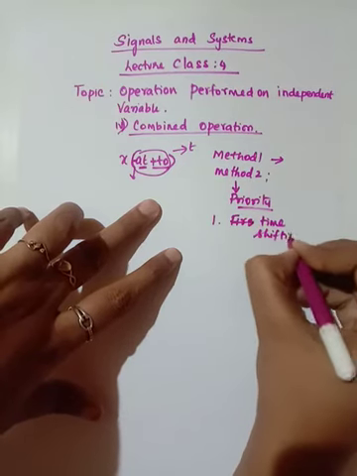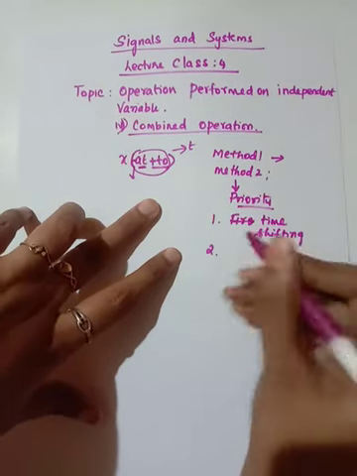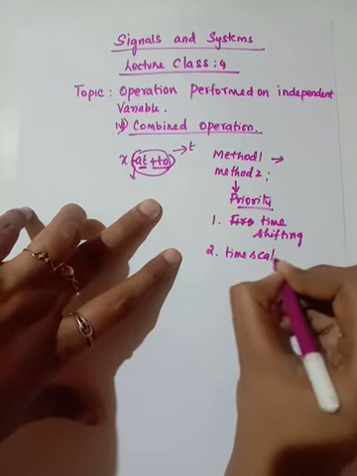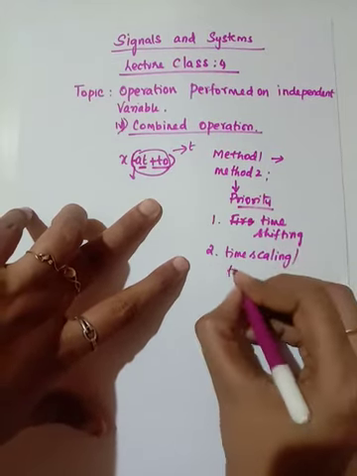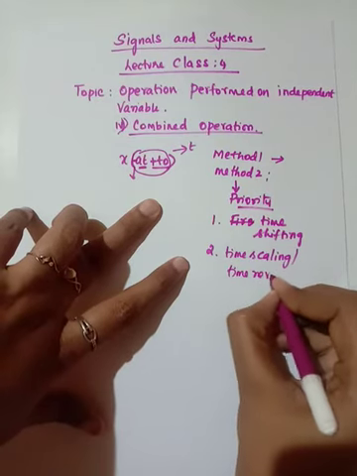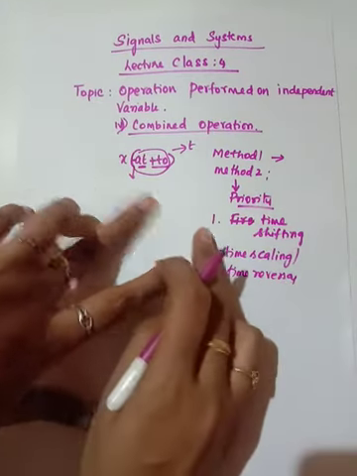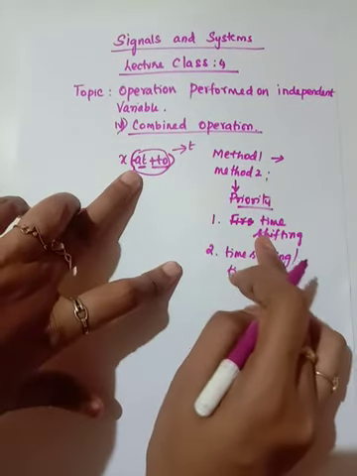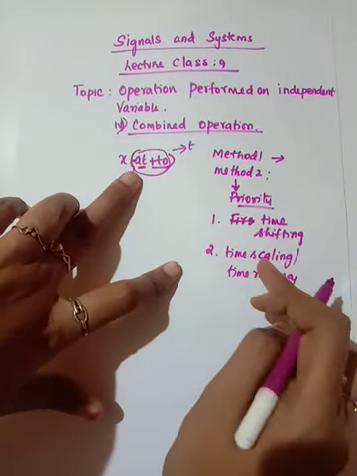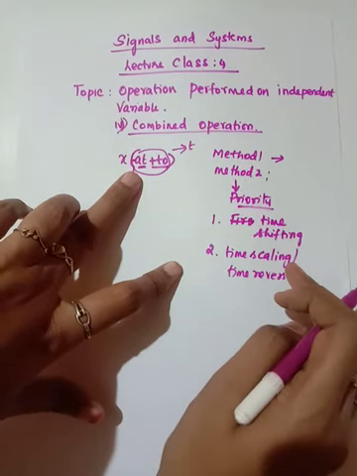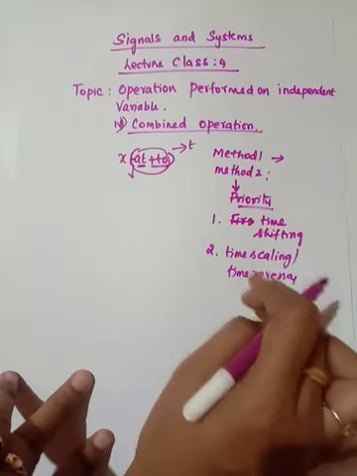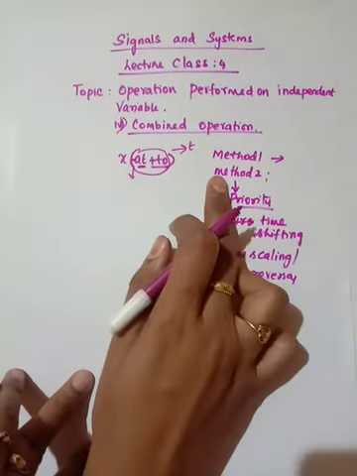After time shifting, we can do either time scaling or time reversal, both are possible. So in this case, first I need to perform time shifting, and second I can do time scaling first and then time reversal. So this is the priority we have to consider while performing method 2.